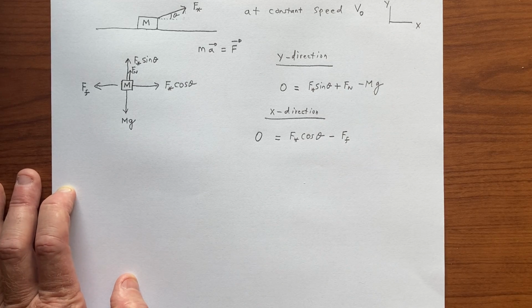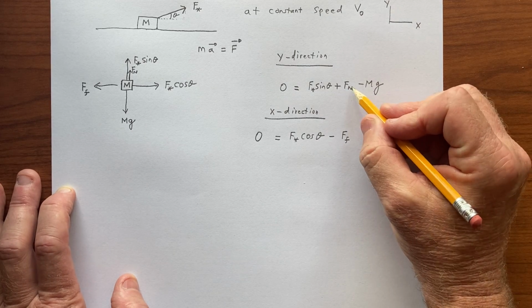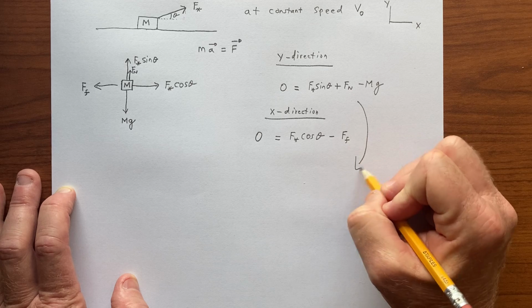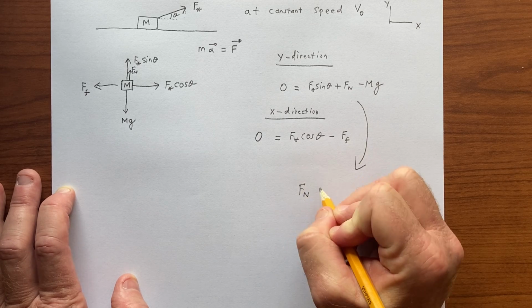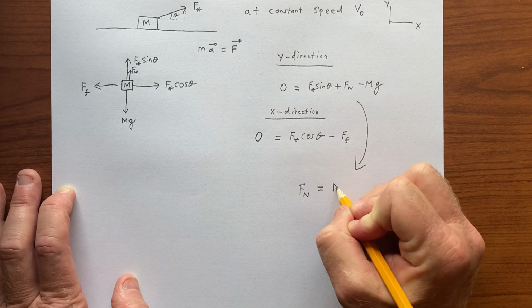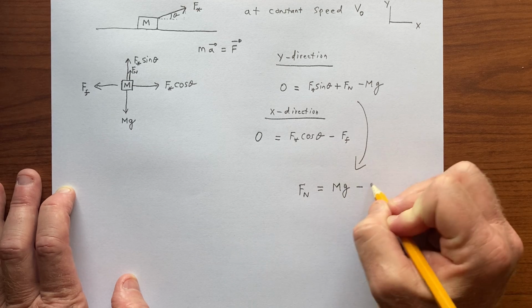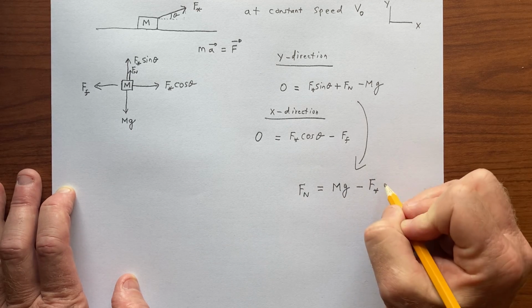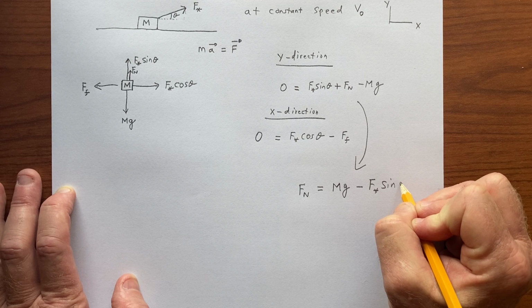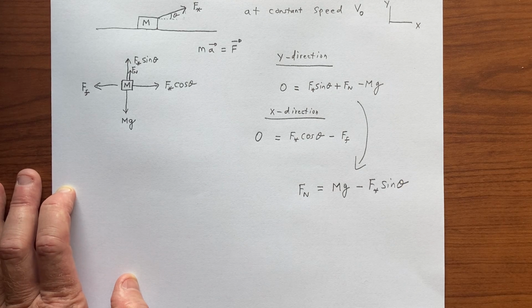So notice that if we wanted to, say, solve for the normal force in this case, we find that it's not equal to mg, but it's a little bit less than mg because part of the F star force, the vertical component of that, is helping us keep the object from going through the floor.